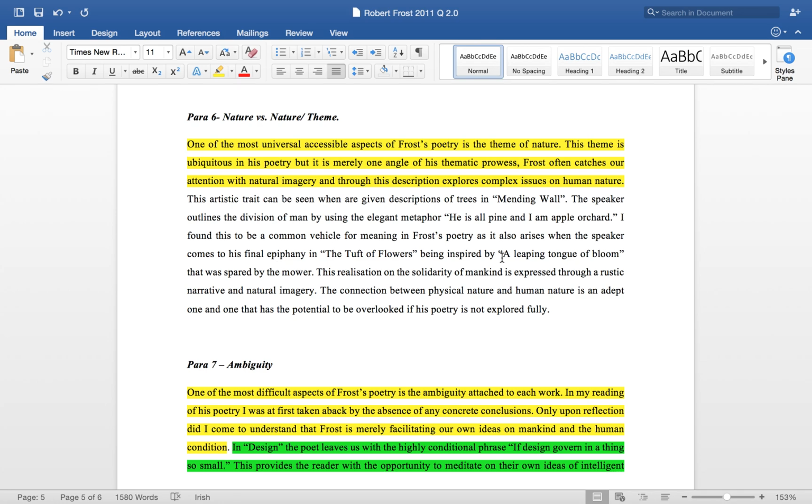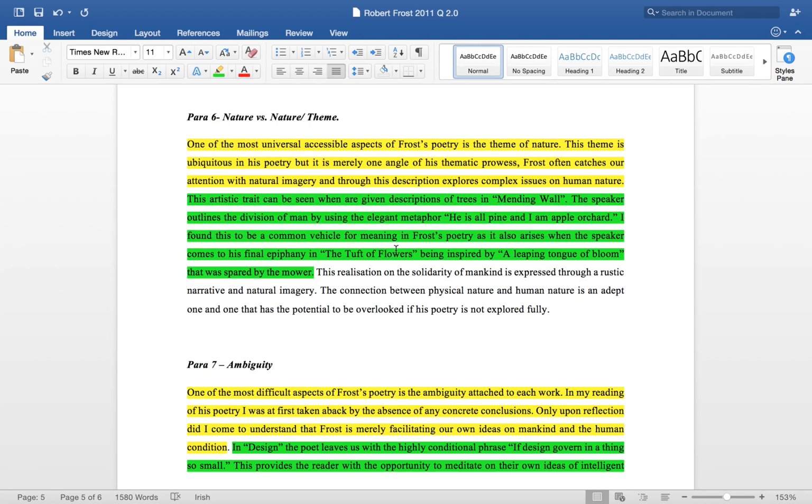Now this one, short, yes. Is it appropriate? Yes. Is it significant? Yes. And is it seamless? I believe so. So you can see here that this is my quotation part of the paragraph. This realization on the solidarity of mankind is expressed through a rustic narrative and natural imagery. So rustic just means rural.